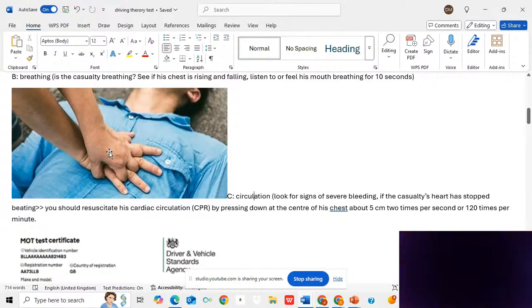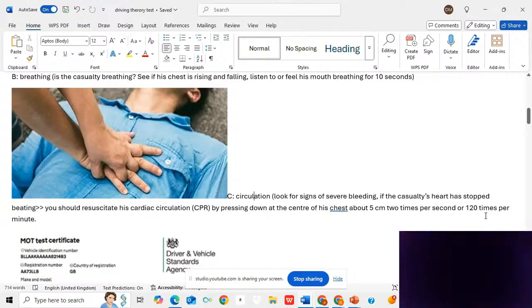Try to do the same as this man. Okay, with both hands, try to press down at the center of his chest. Press down about 5 centimeters, 2 times per second, or 120 times per minute.